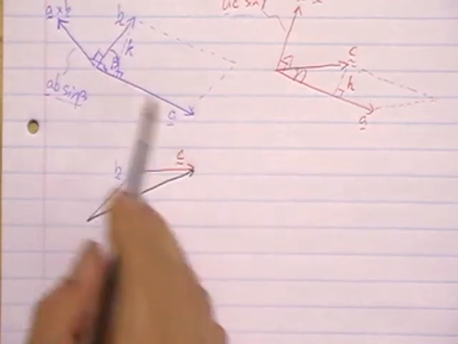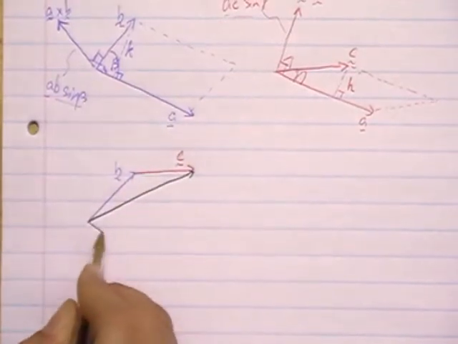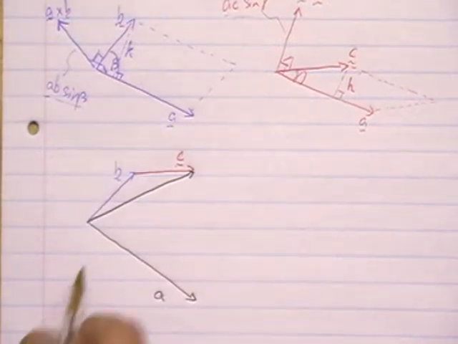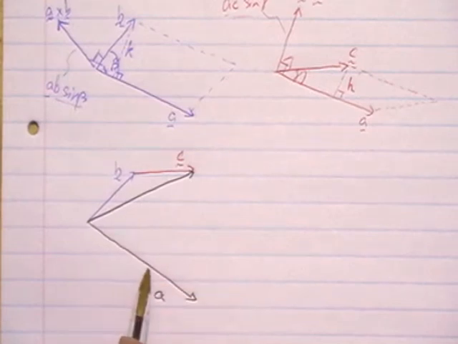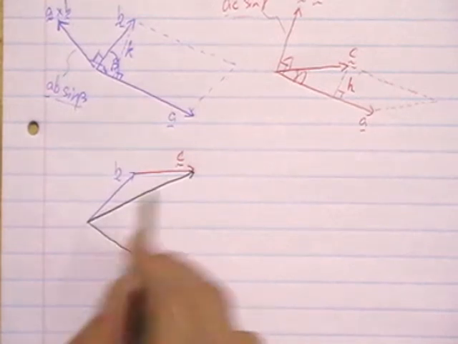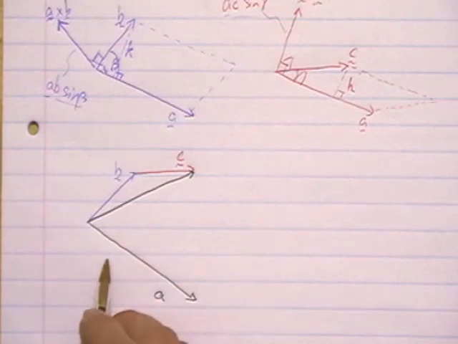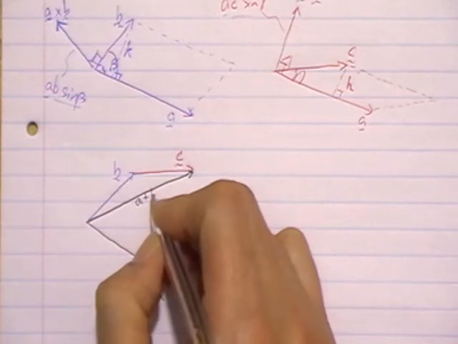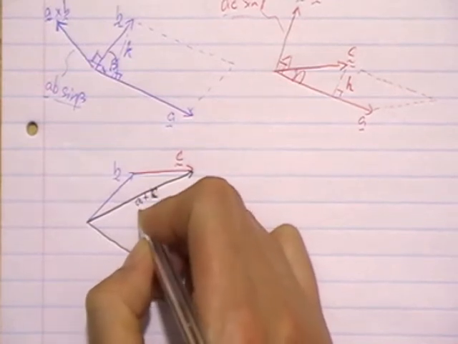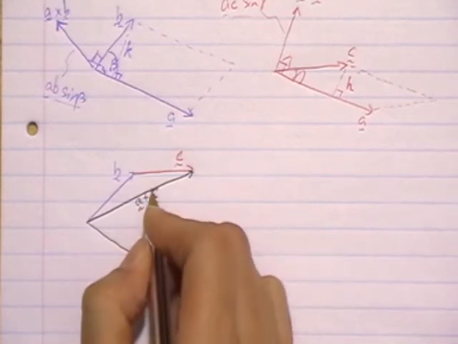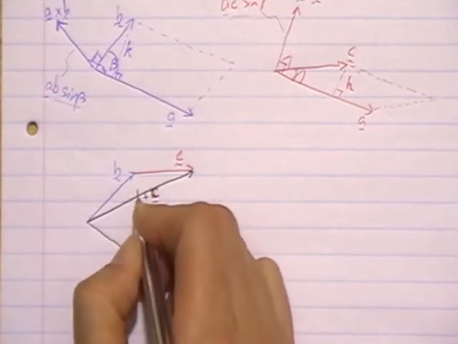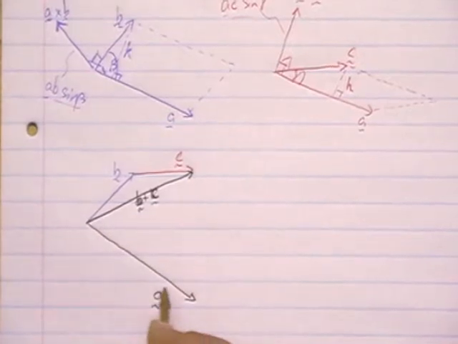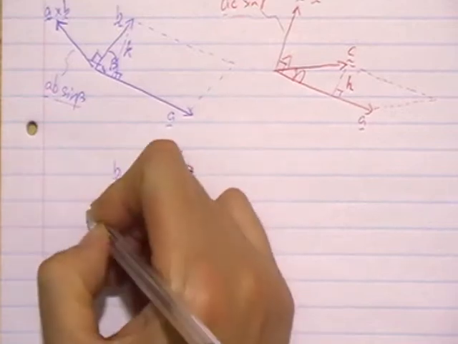Like before, I can think about this vector A. Then A cross B plus C, this cross this, must be perpendicular to both of these vectors.